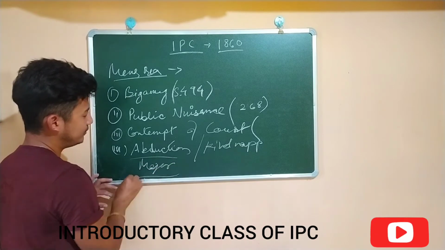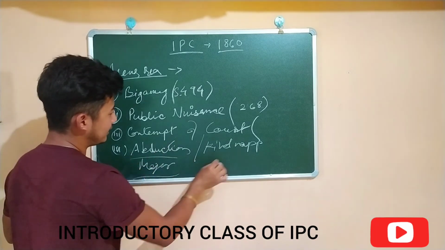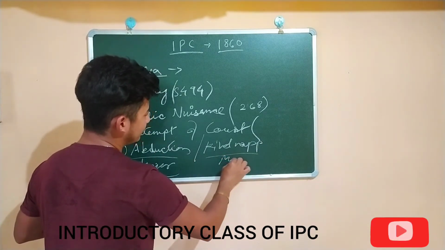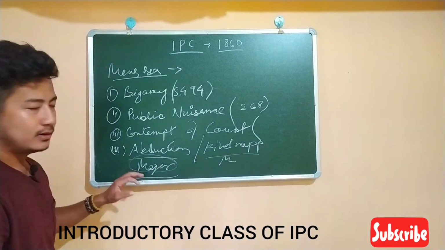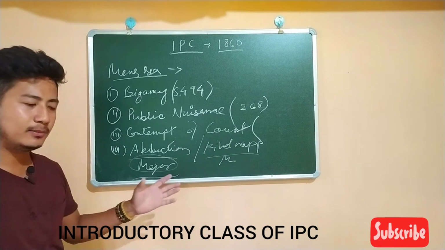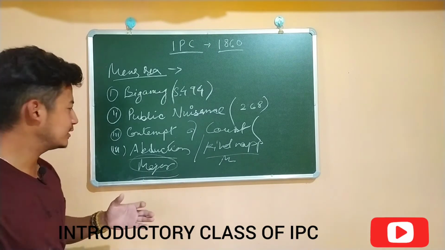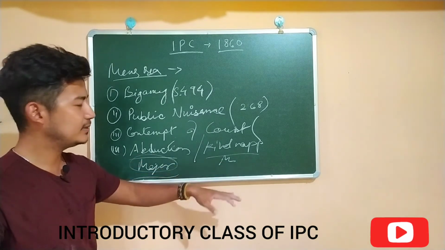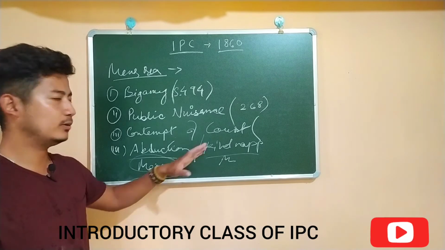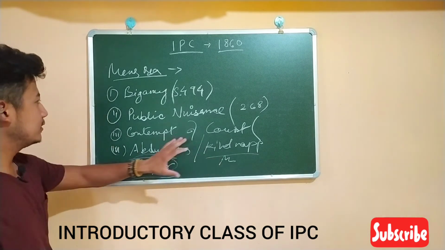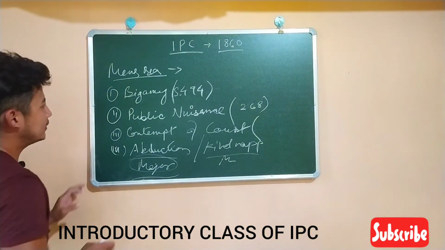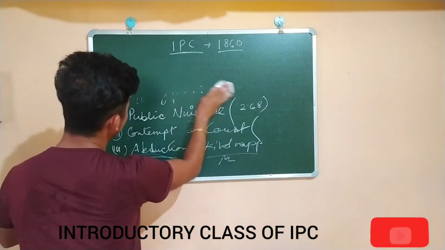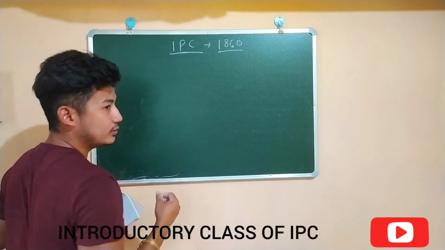If you kidnap a person who is a major, that will be called abduction, and abduction means taking someone away, running away with someone. Kidnap is in the case of a minor only. So in the cases of these four, the mens rea is not essential. Now we will see where the injury is not essential.